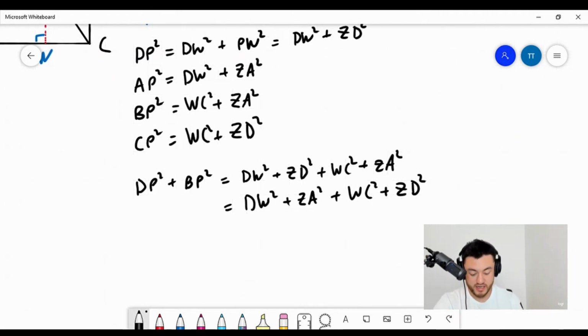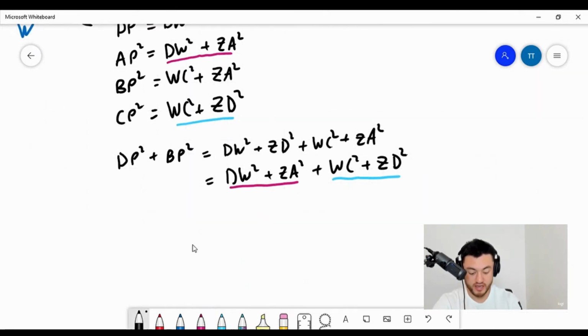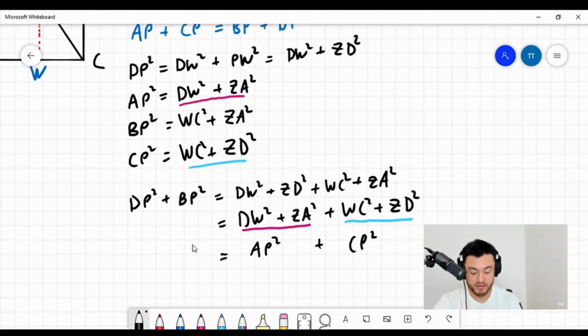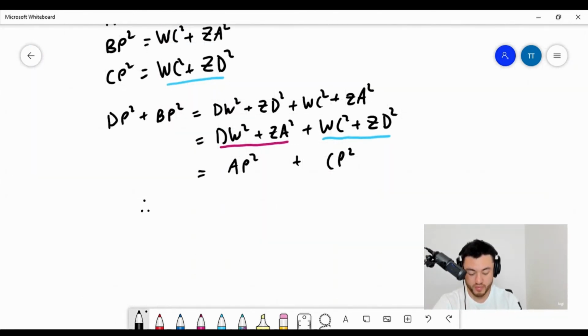And we can see here that DW squared plus ZA squared is what we had for AP squared. And we can also see that WC squared plus ZD squared is what we had for CP squared. So let's go ahead and substitute those. So this is AP squared plus CP squared. And there you go. So therefore, we have our original theorem that we started with, that the sum of the squares of the two opposite sides going from P are equal.